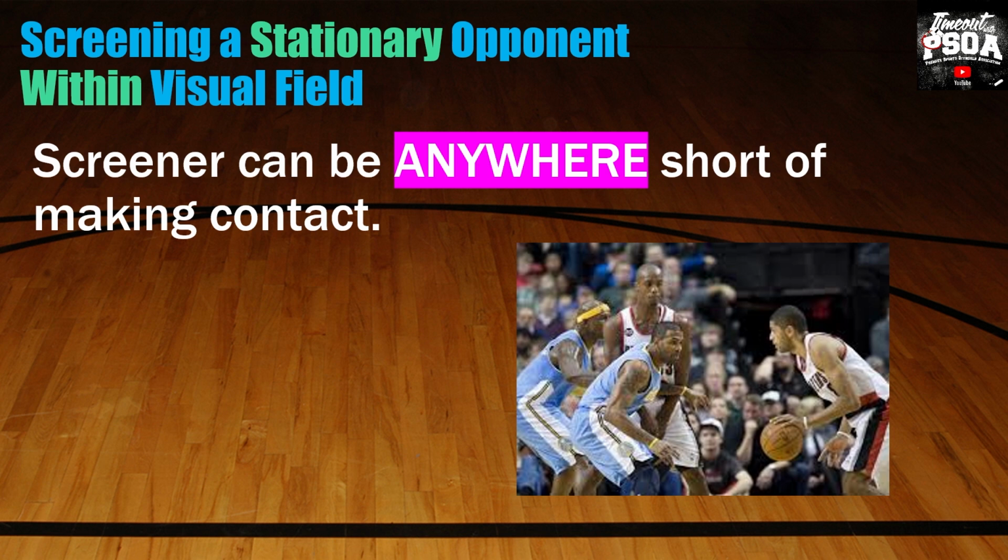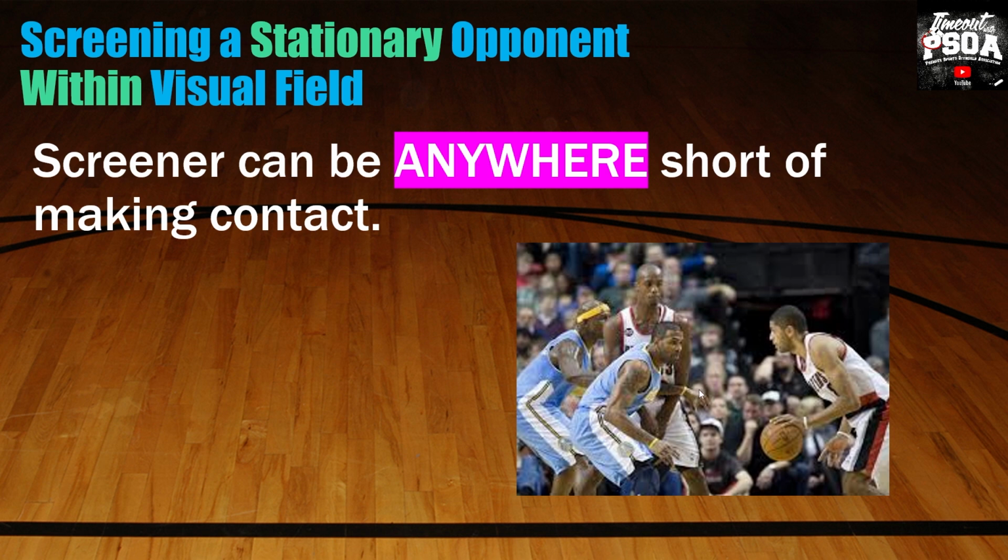So the first category we're going to take a look at here: a screener on a stationary opponent within the visual field. Yes, this defender is looking at the opponent. How do we know he's within the visual field? His left arm is out there feeling that screener.